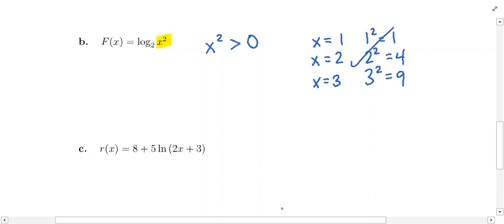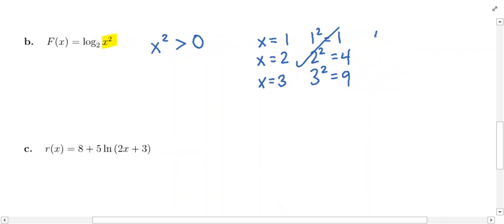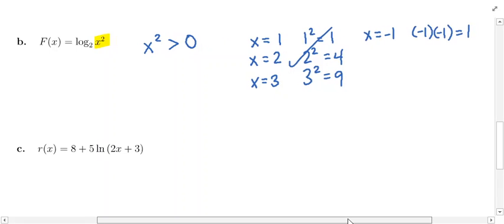What about negative numbers? Well, if I go to -1, you're first going to square it. -1 times -1 is +1. You're going to be able to take the logarithm of +1. By squaring the negative, it becomes a positive quantity, and you're going to be able to take its logarithm.